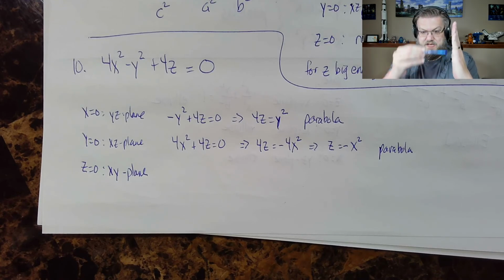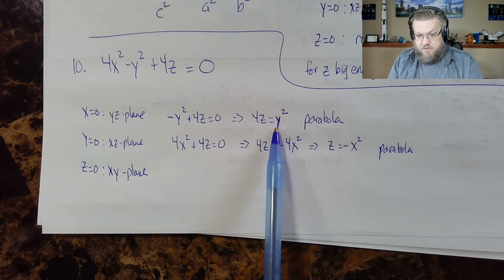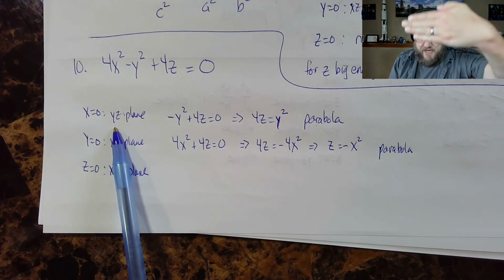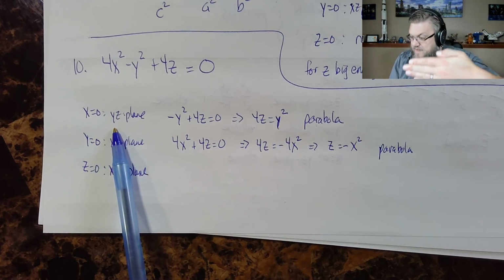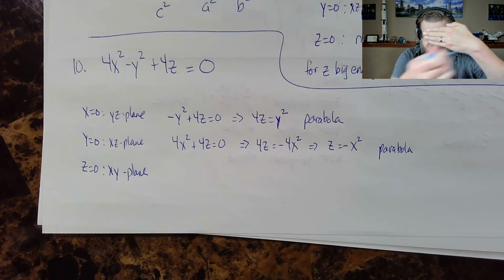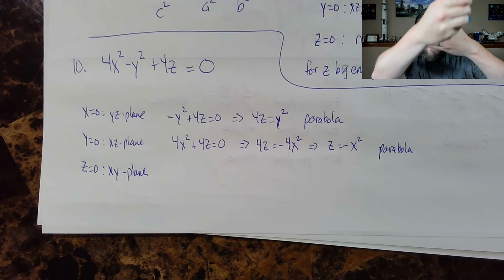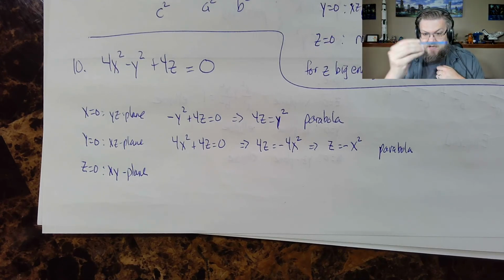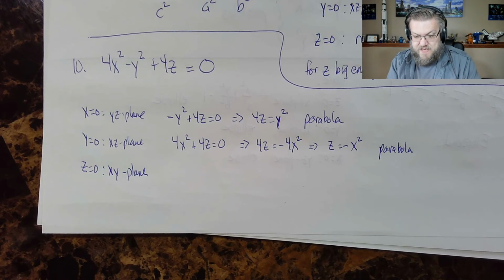Likewise, when I cut this with the yz plane, I'm actually going to get a positive parabola. So it's going to be positive this way, but it's going to be negative this way. What a funky looking surface.